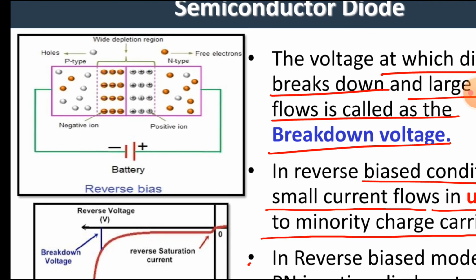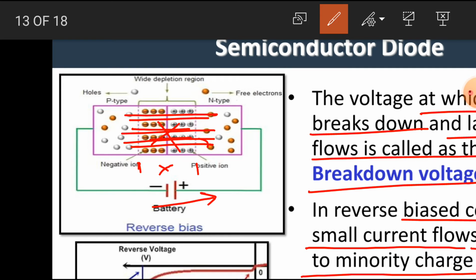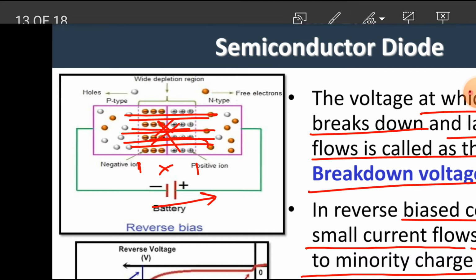Here we see that due to this reverse bias condition, the width of the depletion layer increased, and due to the increase in the depletion layer width, no current flows through the diode. But when we increase this negative voltage to a certain value, then this depletion layer or this junction breaks down and large current flows through the diode. The value at which this junction breaks is known as the breakdown voltage.